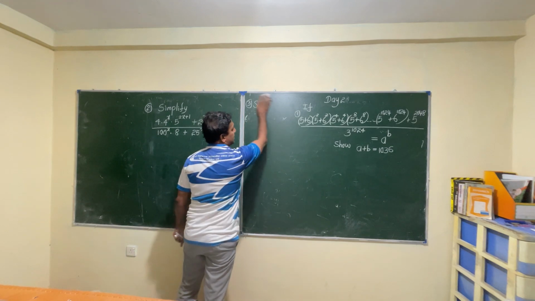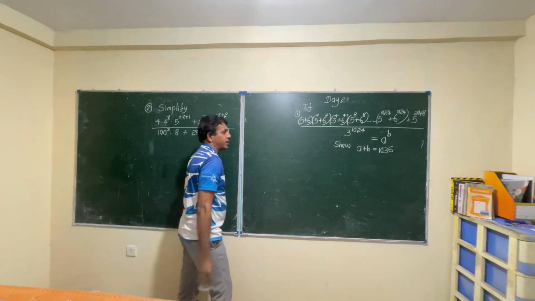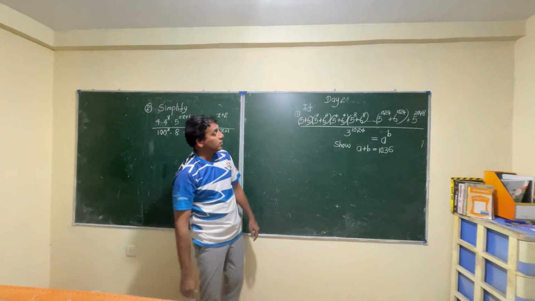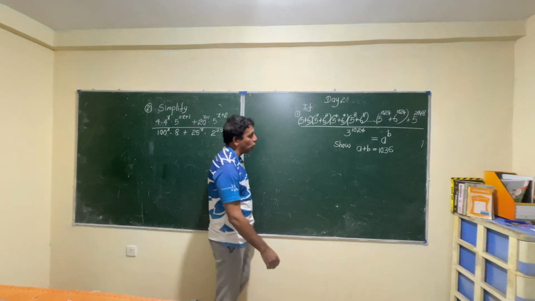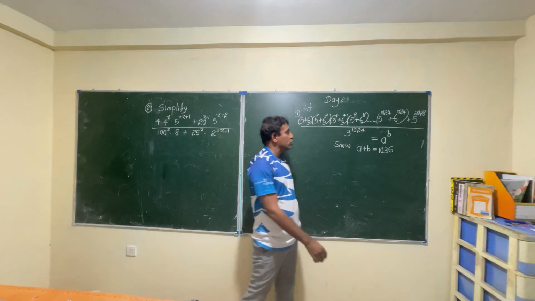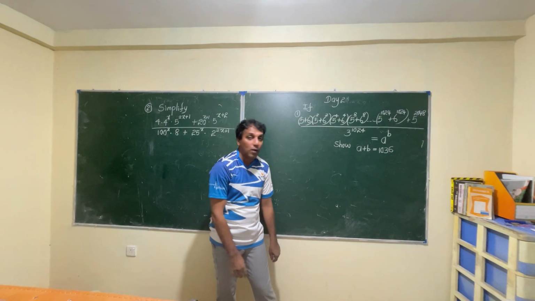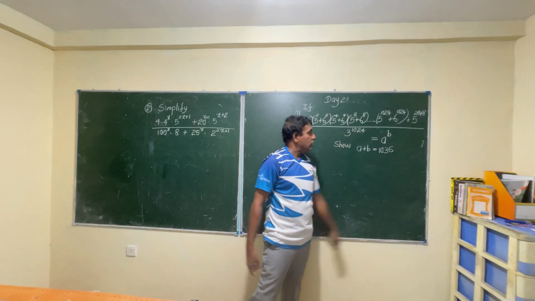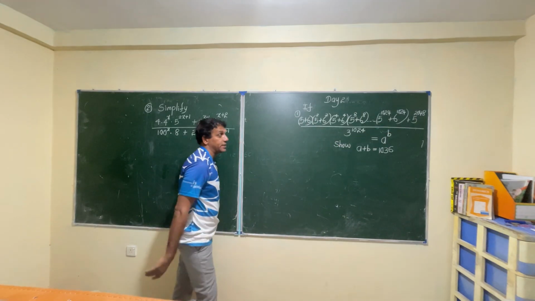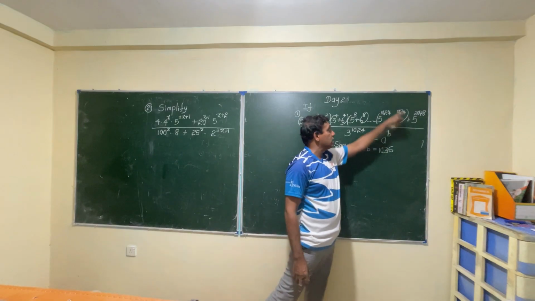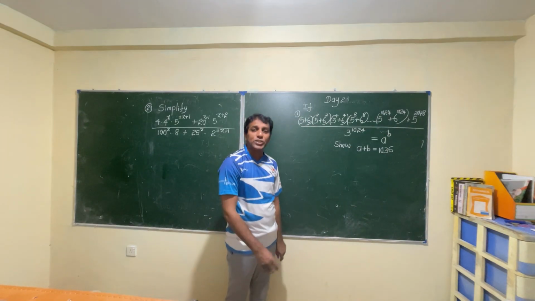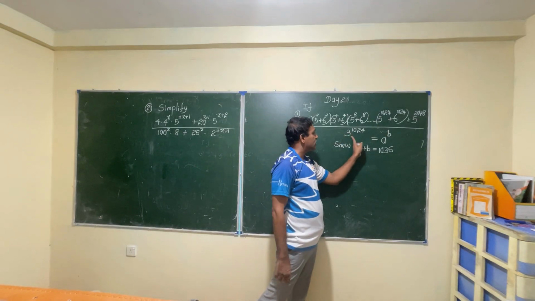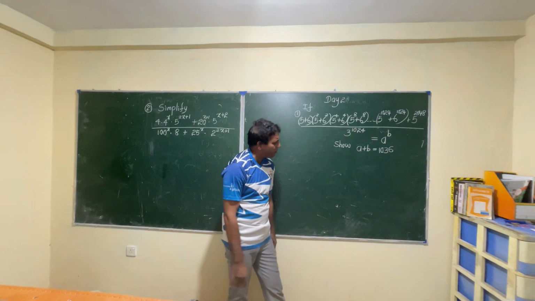If 5 plus 6, into 5 squared plus 6 squared, into 5 to the power 4 plus 6 to the power 4, into 5 to the power 8 plus 6 to the power 8, and so on, up to 5 to the power 1024 plus 6 to the power 1024, the last term 5 to the power 2048, completely over 3 to the power 1024.